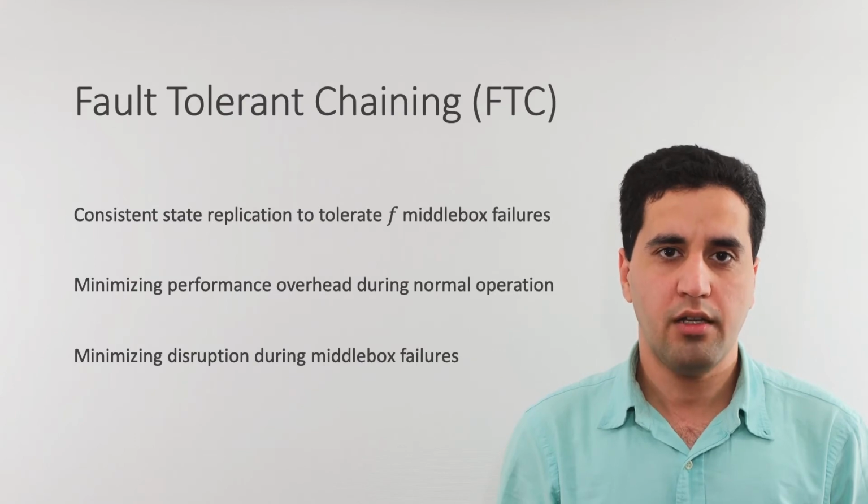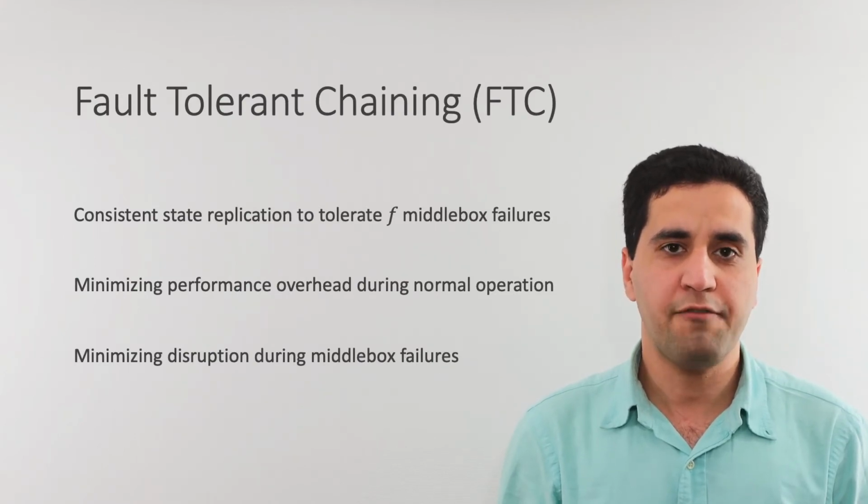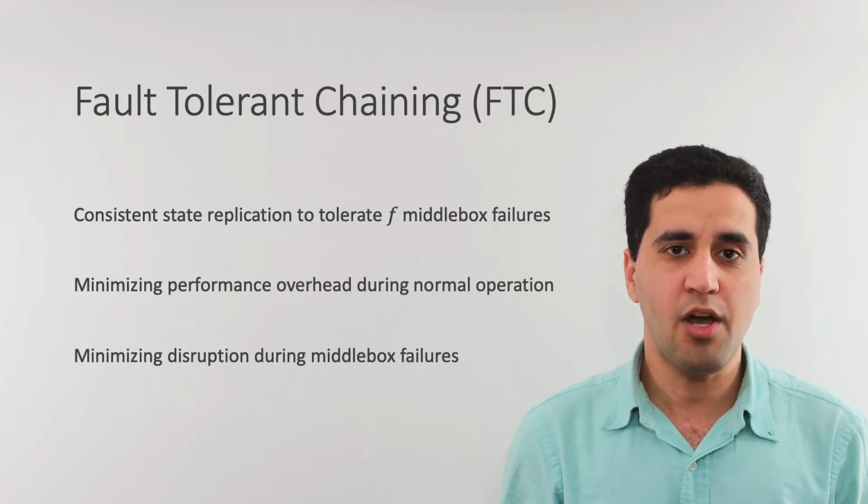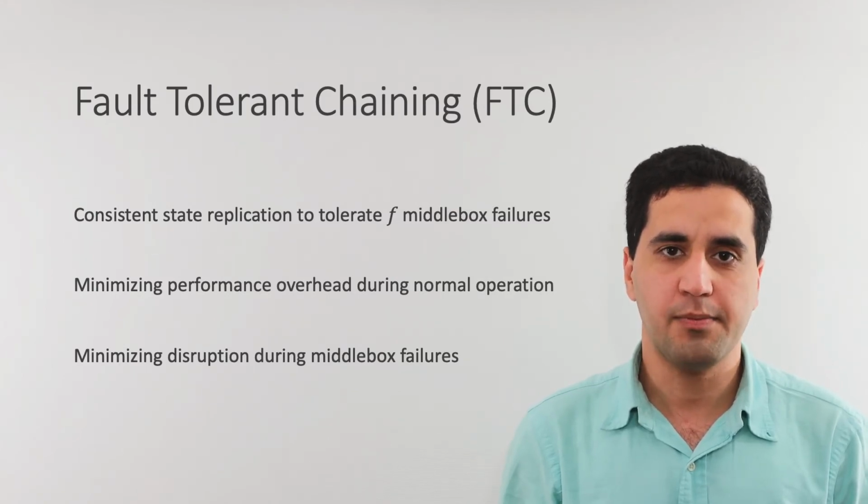The goals of this approach are providing consistent state replication to tolerate F failures, to minimize the performance overhead during normal operation, and to minimize the disruptions due to failures. To meet these goals, we introduce a new system called fault-tolerant chaining, or FTC.